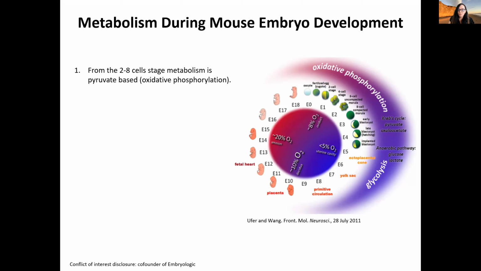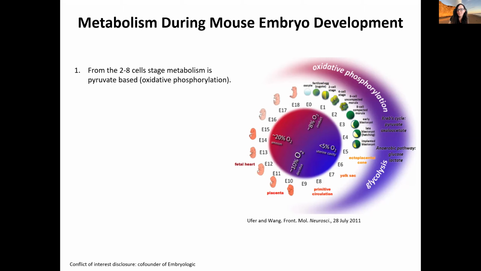And what is known about the metabolism of embryos during these stages is that from the 2-cell to 8-cell stage embryo, pyruvate is the major source of nutrient and energy for respiration. So there's this very nice figure here depicting that the major component is oxidative phosphorylation.